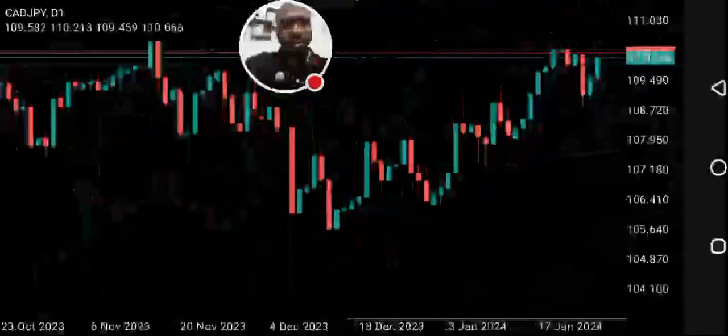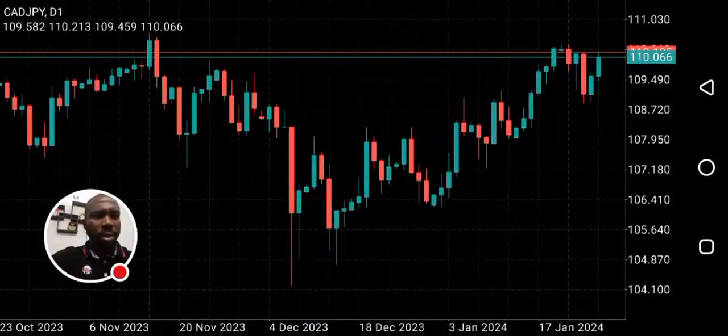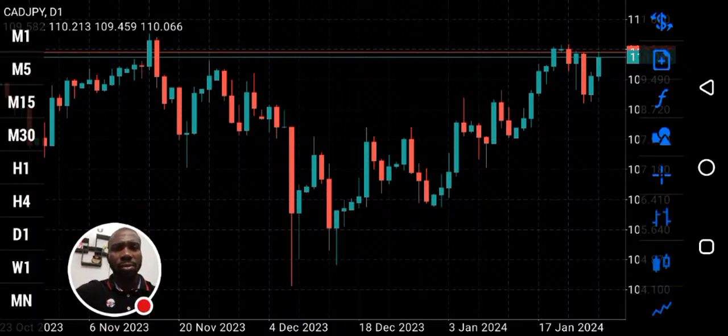I can see this is a bullish setup on daily, but let's go down. Let's start with the weekly. Let's see what we have on the weekly.